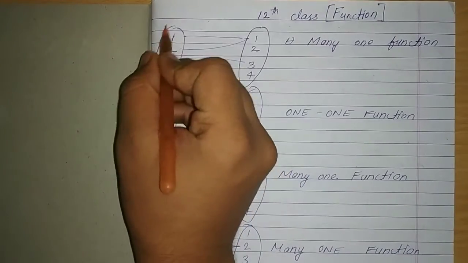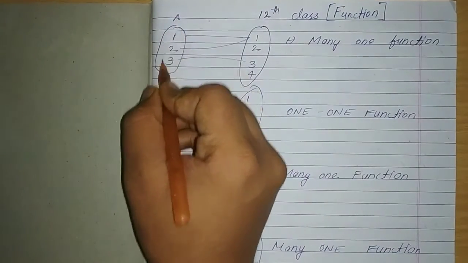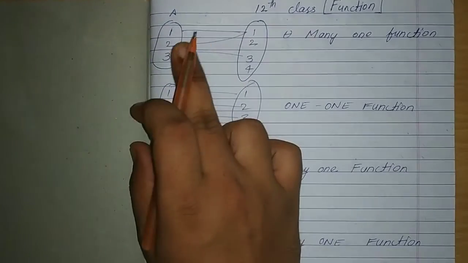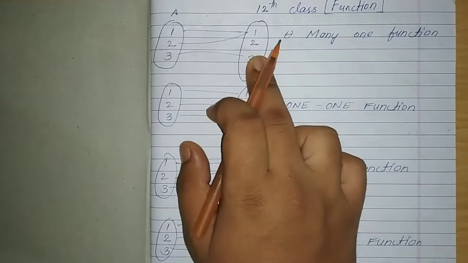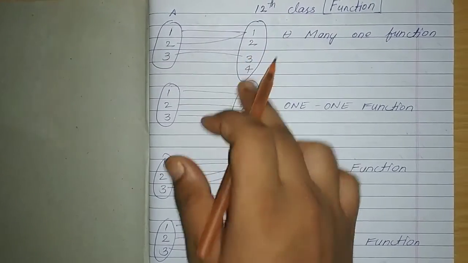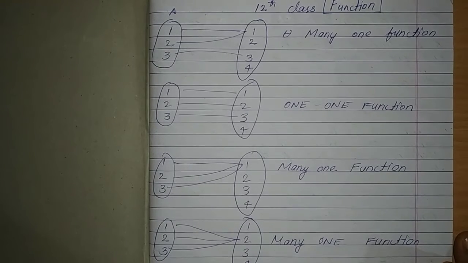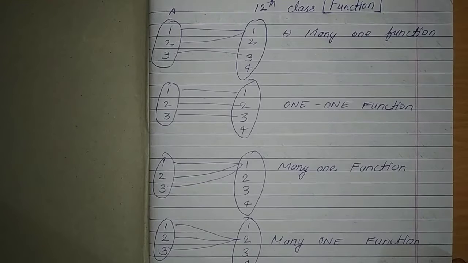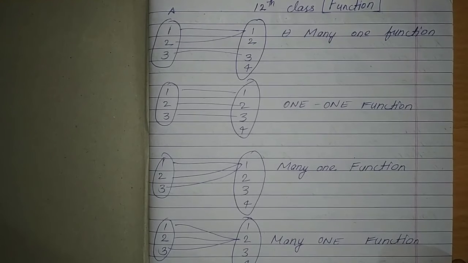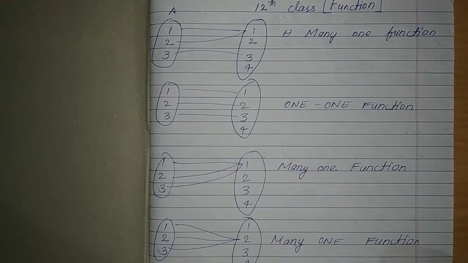Consider this as a set A, all these elements must have an image, and that image must be unique. So these two are the conditions. And now guys, we are going to do 12th class functions. I am not going in depth, because I have already taught you all the topics in depth in the 11th class basics video. So let's start without wasting the time.